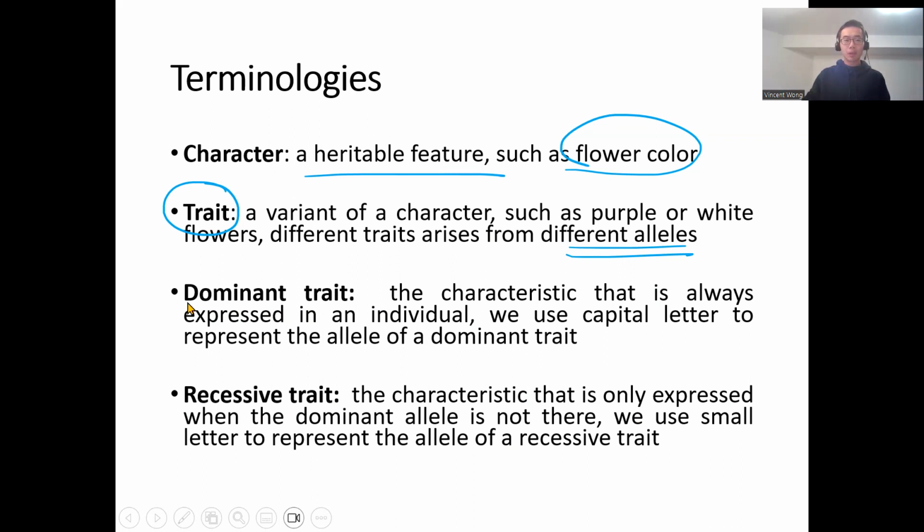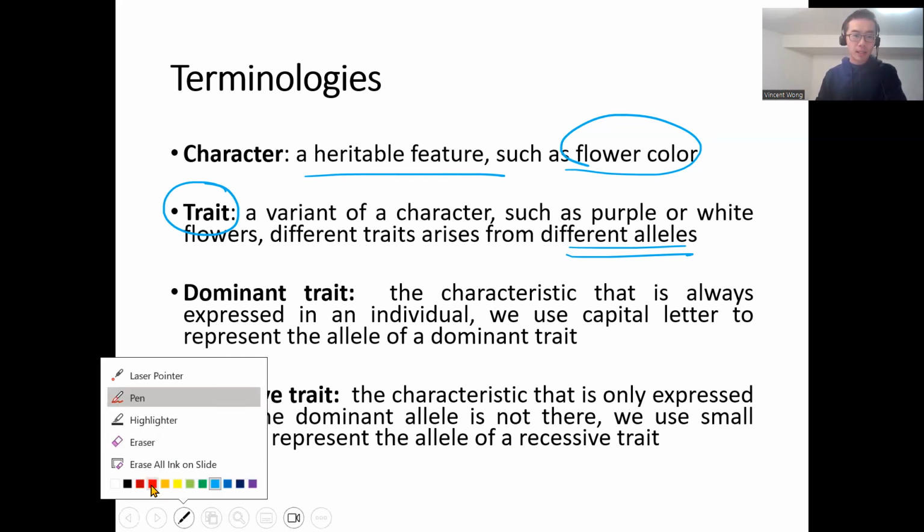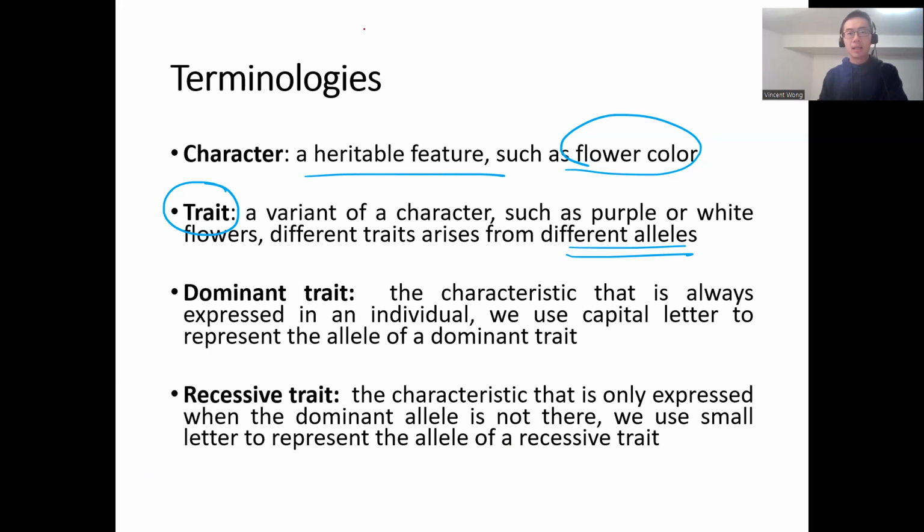We use a capital letter to represent a dominant trait, and a lowercase letter to represent a recessive trait. I'm going to give you an example to help you understand this. Again, just use eye color. Big B is brown eyes, and small b is blue eyes.